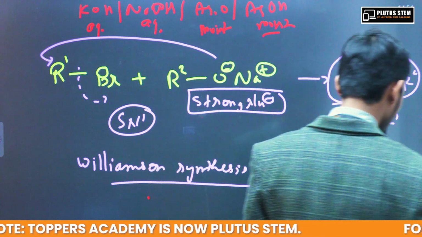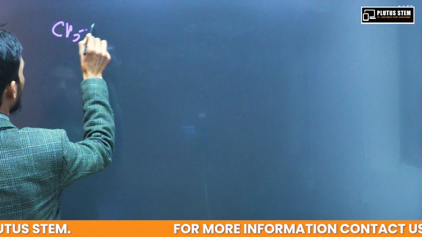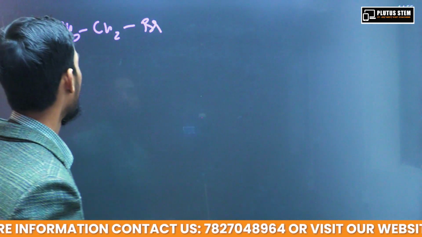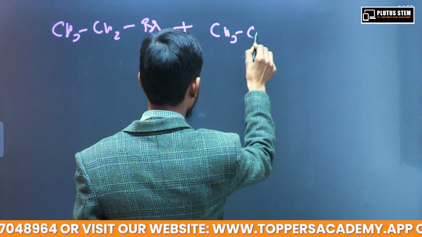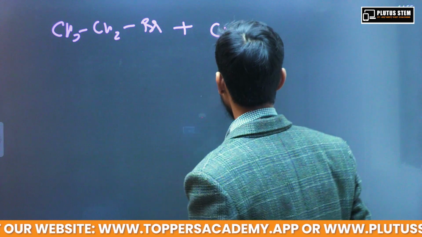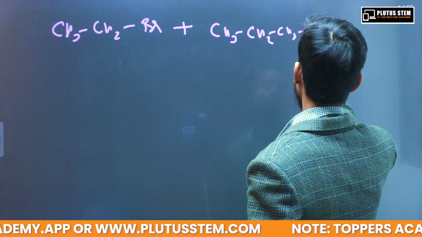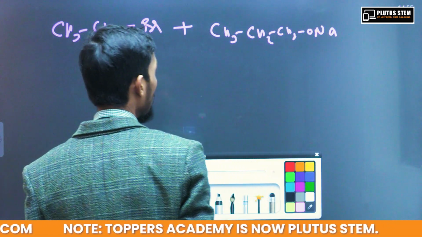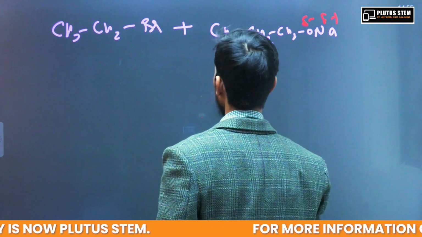If we are having an example like CH3CH2Br with CH3CH2CH2ONa, so if this is the reagent, we can visualize over here partial negative charge, partial positive charge.